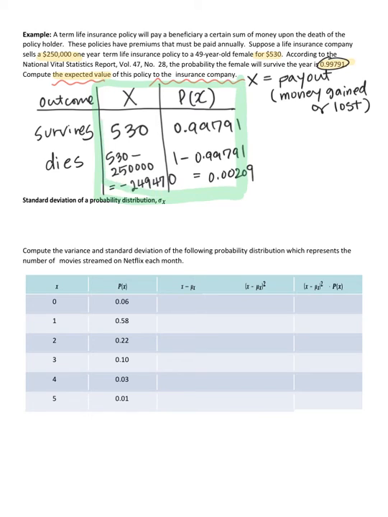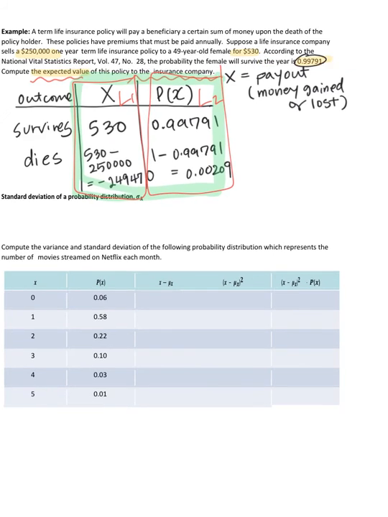Nice. Now that we have that, we can compute the expected value, which is just the mean of this table. If you want to use your calculator, you can put the x values into L1, the probabilities into L2, and find the mean. Or if you want to do this by hand, we can multiply each x value by the corresponding probability.